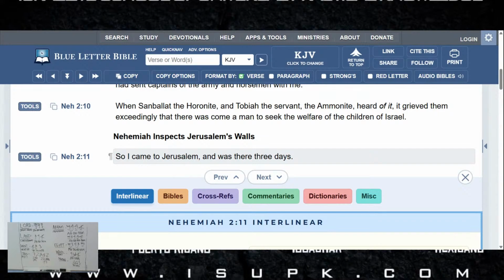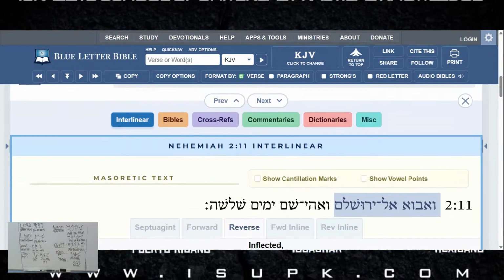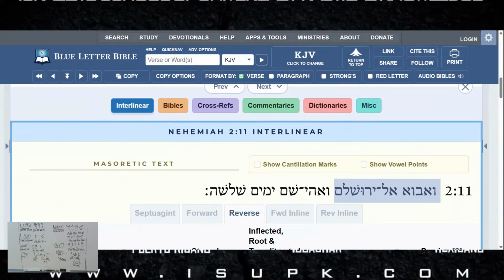Once again, the character wa is used regularly as and. It's also used as but. And what else? Notwithstanding, therefore, to. There's a ton of words, but it's all words that start at the beginning of something, like therefore or moreover.